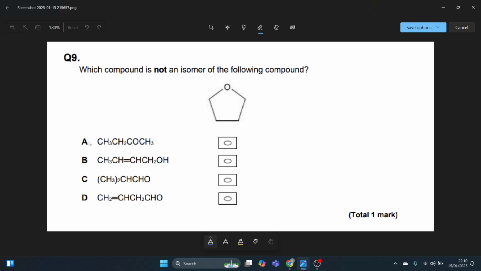A definitely is an isomer. B, yeah, the answer is going to be D. Not an isomer of this.